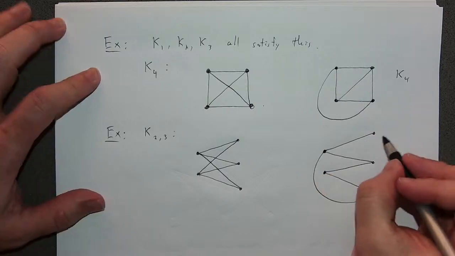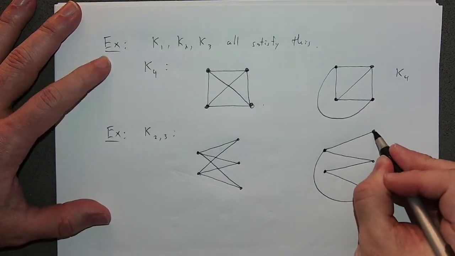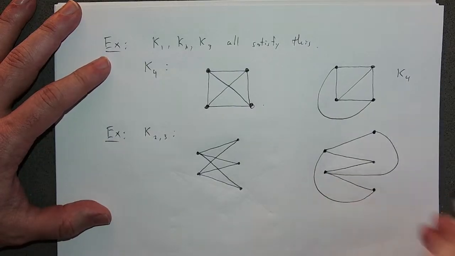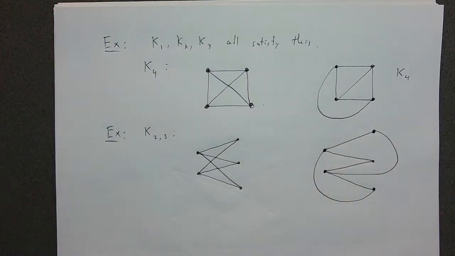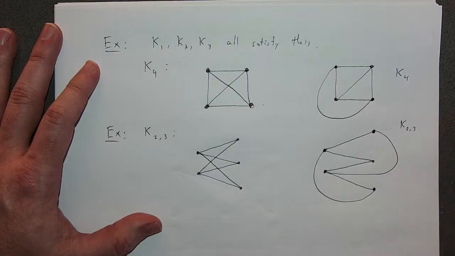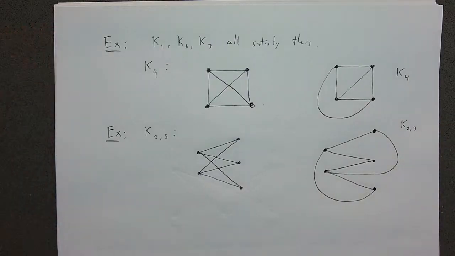Well, I can do this. Right? And that does it. So this is K23, drawn in a way that none of the edges intersect except at vertices.